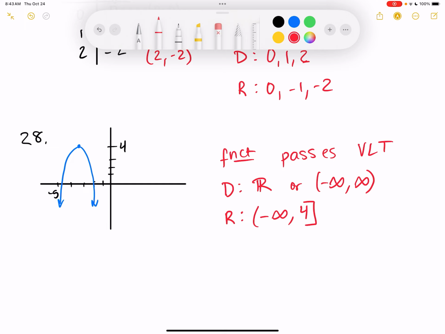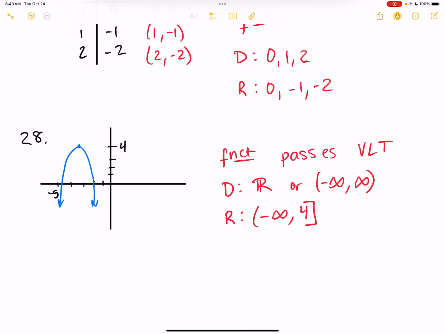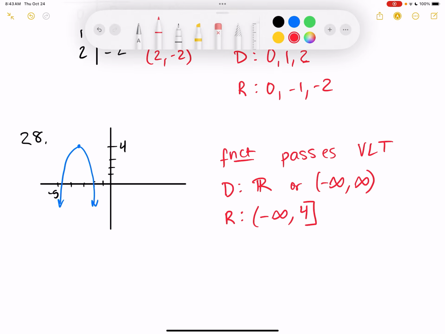Infinity is not a specific number, because it just keeps going on forever, so that's always going to be a parenthesis. But for the sake of these, a lot of them are going to end up being brackets because it's going to be a number that's a stopping point.